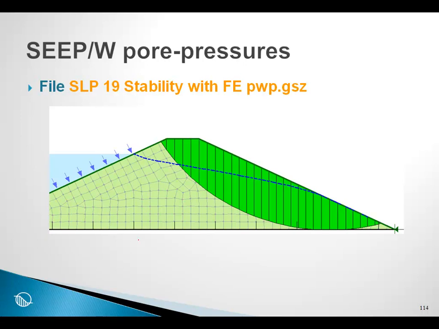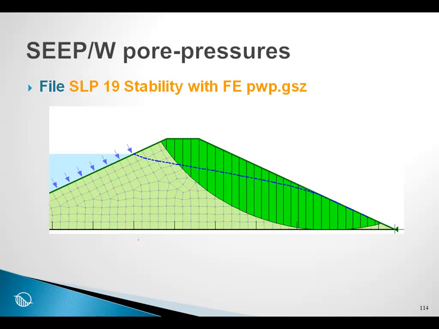Obviously, in our view, if you have SEEP/W, then it would be best to establish the pore pressure conditions using a SEEP/W analysis, and then to use the SEEP/W pore water pressures in the SLOPE/W analysis.